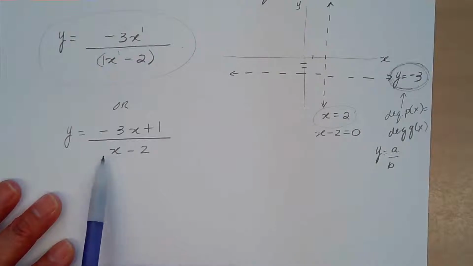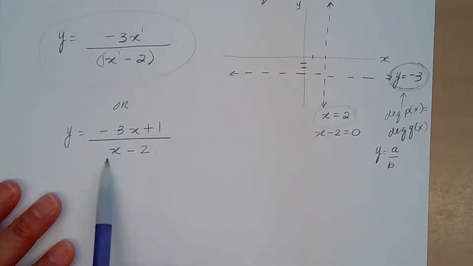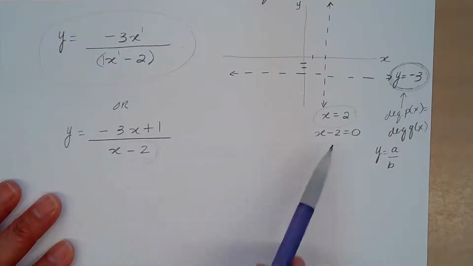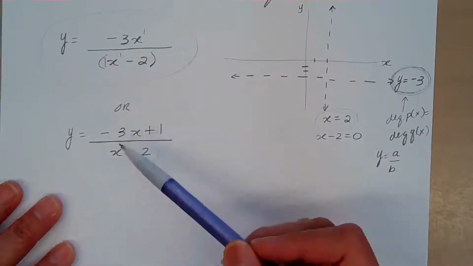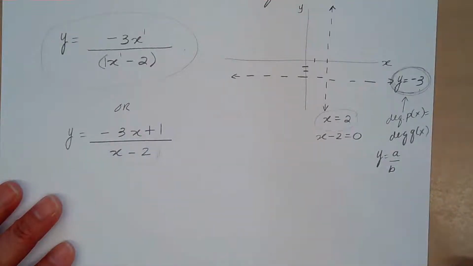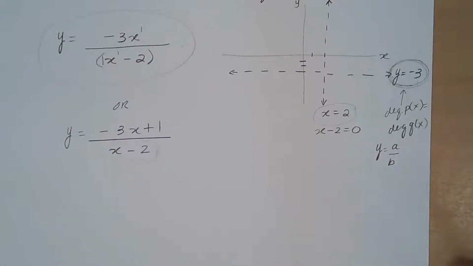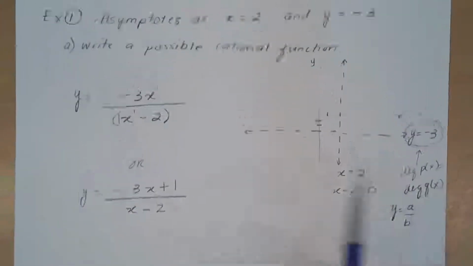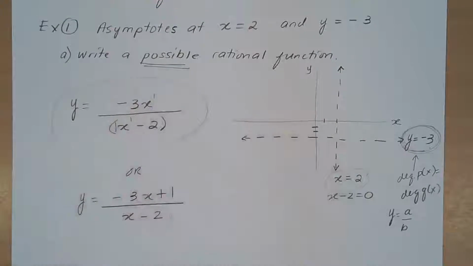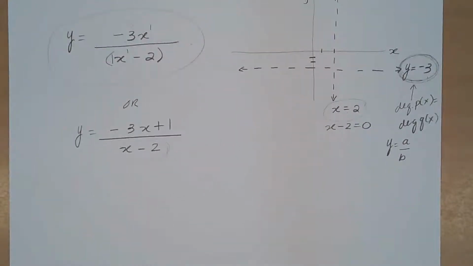Our vertical asymptote will still be at 2, correct? And our horizontal asymptote will still be negative 3 over 1. So there's probably more than one solution. That's why it's called possible. One solution can be enough.